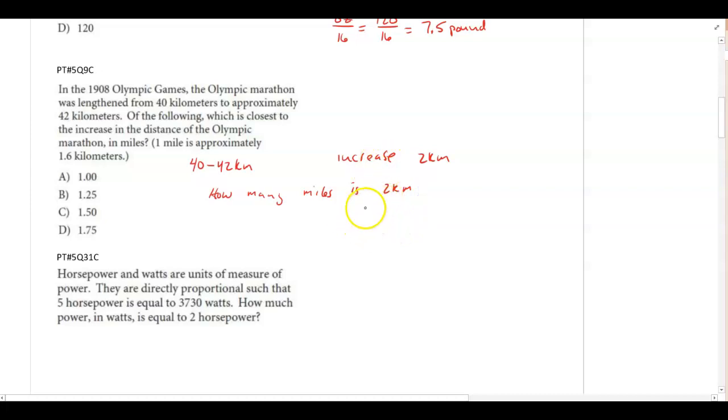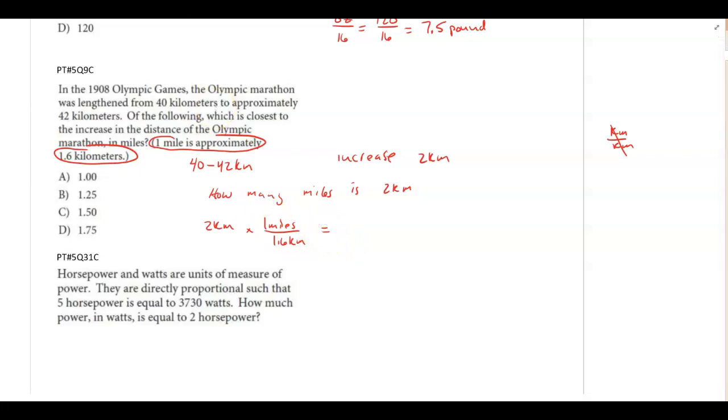Now, anytime we go to do these conversions, I'm basically going to start with what I have, 2 kilometers times. Now I'm going to use this conversion, 1 mile to 1.6 kilometers. And remember, when we do this, we want kilometers to end up on the bottom to cancel out and leave us with miles. So we're going to go 2 kilometers times 1 mile per 1.6 kilometers.